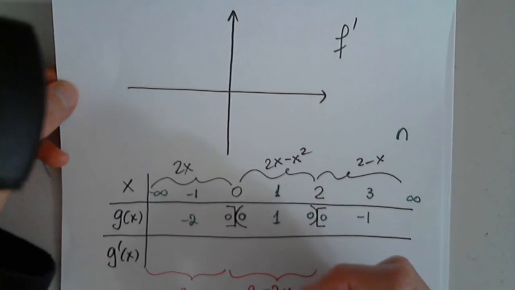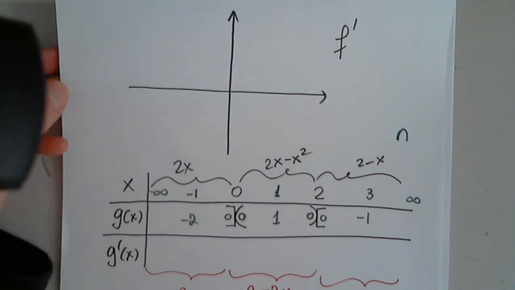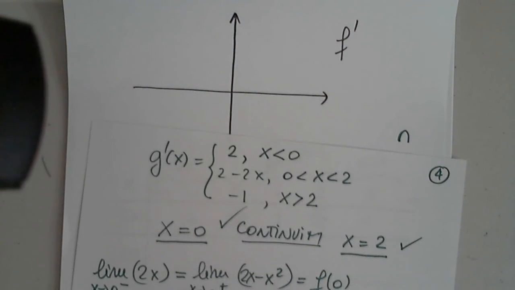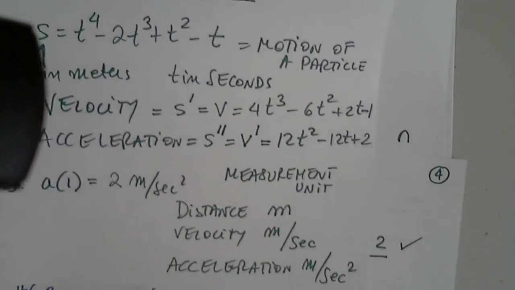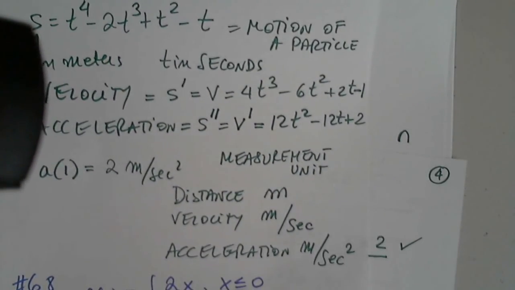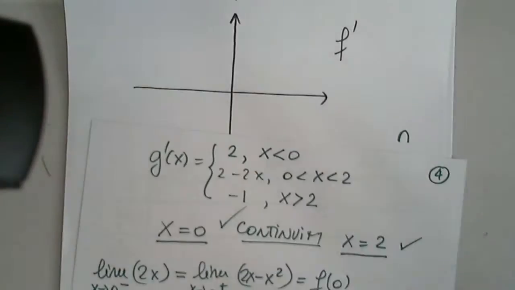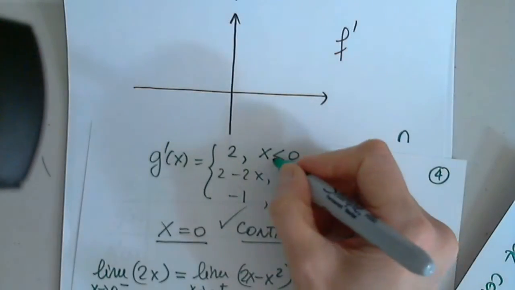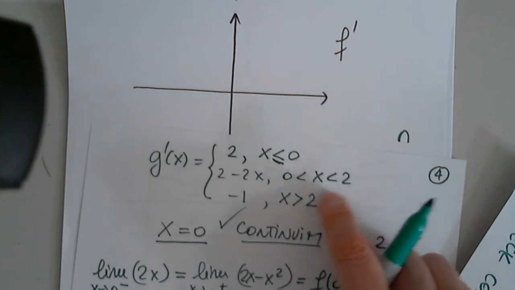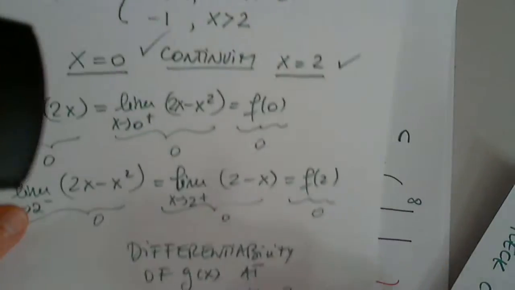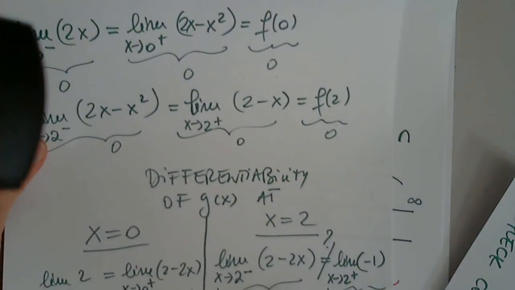Okay, so because I forgot one important thing here, because the function is differentiable at 0, now I can put in the equal symbol. I can put it back. I cannot put it here because I established the fact that the function is not differentiable at 2.